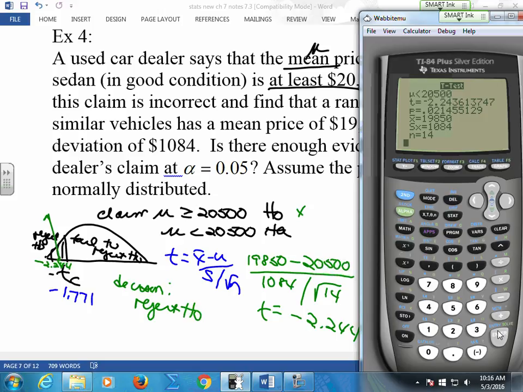So if I take my p-val, 0.0215, I could do a test for this. Now your calculator, when it does this, it keeps track as if it's a left or the right, because you tell it the tail. If it's a two-tail, it already multiplied it by 2.